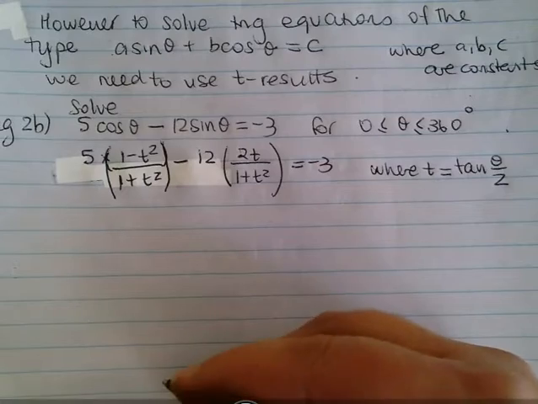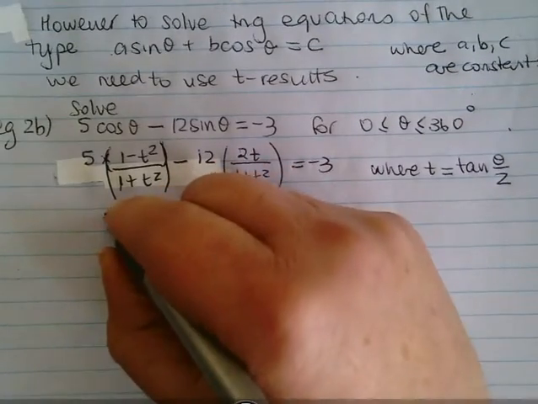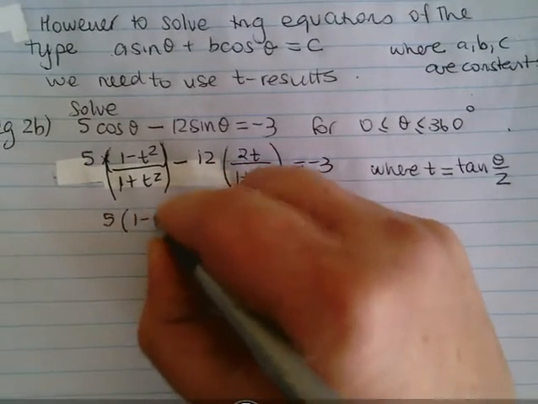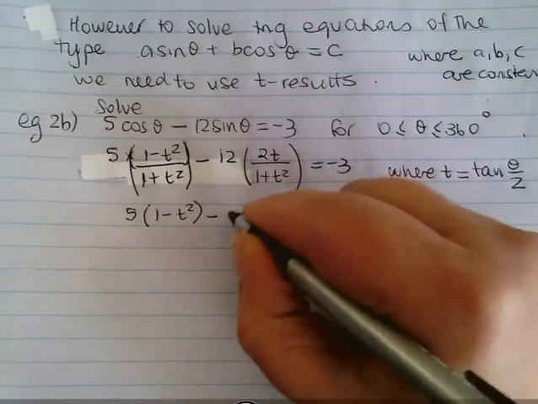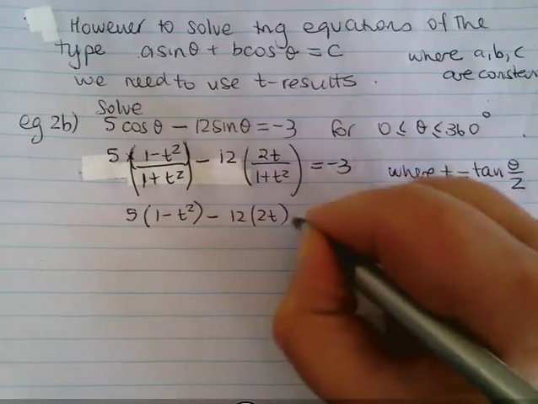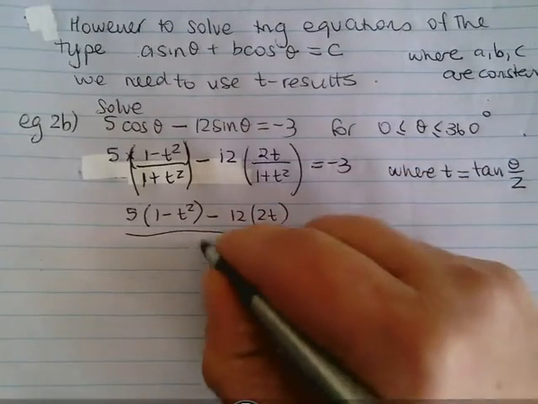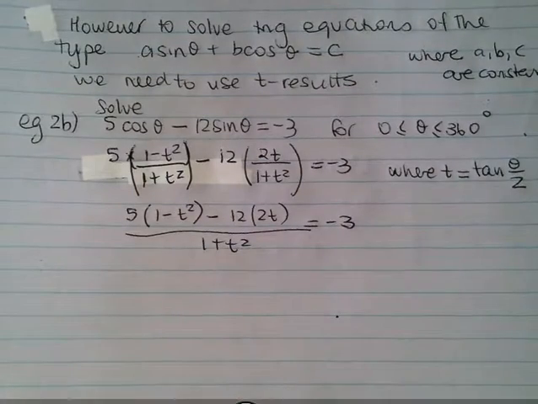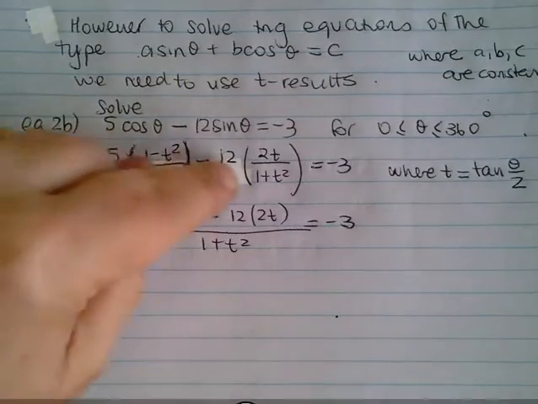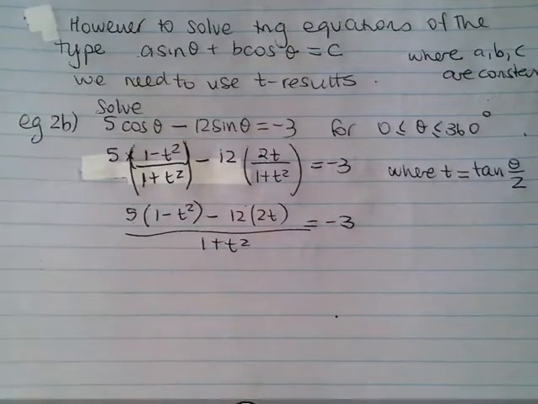Okay. So I've got on my numerator 5 bracket 1 minus t squared minus 12 times 2t. Haven't I just got one denominator, 1 plus t squared, equals -3? Are we okay with that? So I've got 5 times that t result minus 12 times that t result equals -3.